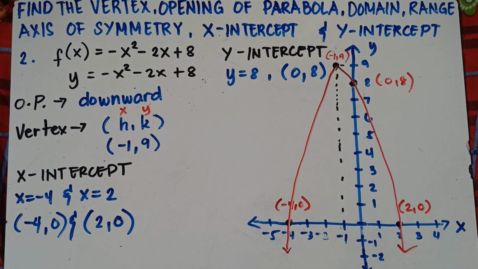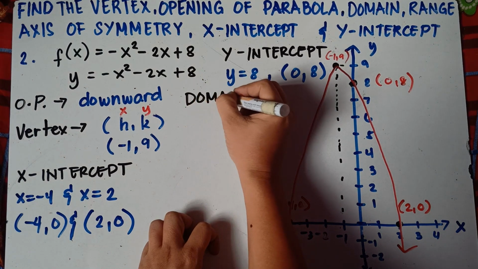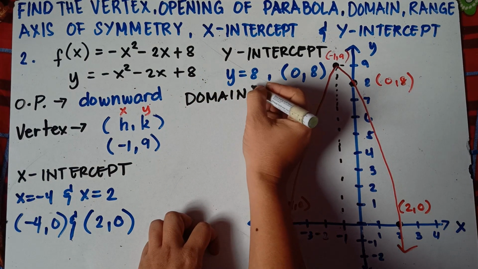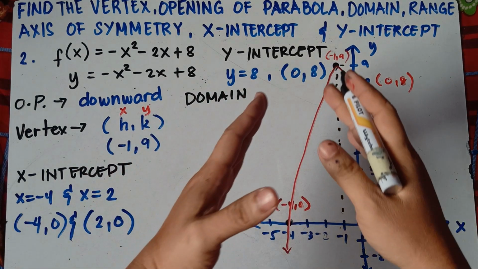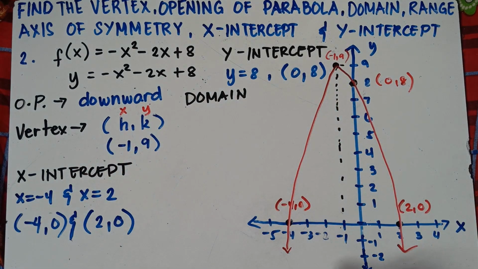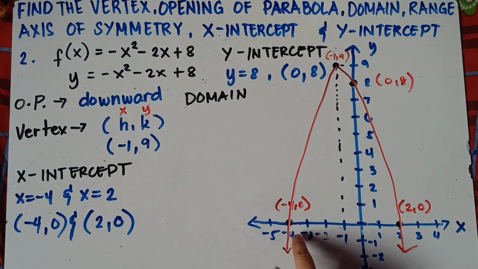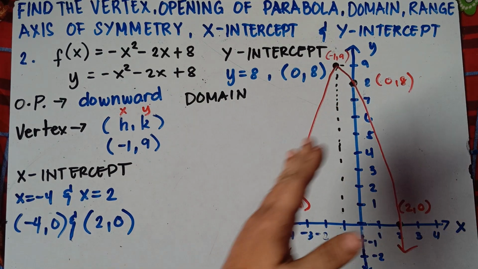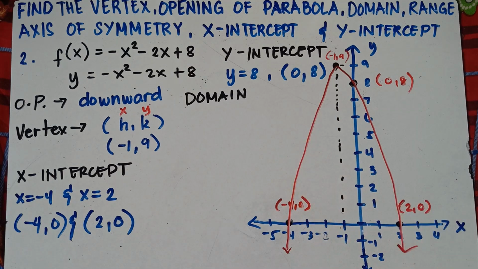Now, to find the domain, so easy, class. Once again, our domain would be the x values. Your graph will extend to infinity because this is an arrow. So all of the x-axis will be included, because your graph will extend to the left, to negative numbers, and to the right, to positive numbers.